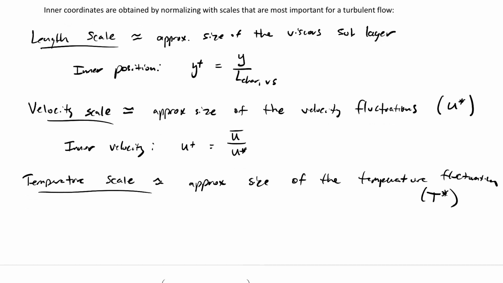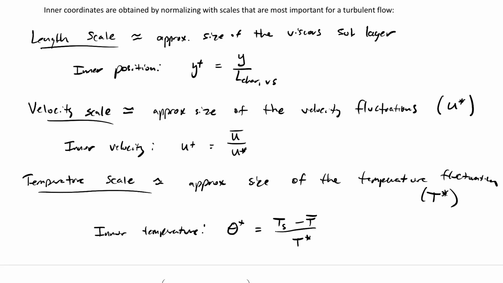So then our inner temperature is, well, we don't necessarily want T plus, right? Because when we're talking about temperatures, we always want to normalize the temperature with respect to some reference temperature, so that we could do this in Celsius or Rankine or whatever we want. So our inner temperature is going to be theta plus. Theta plus is going to be T, let's say T_S is our reference temperature, the temperature of the surface. T_S minus T bar, divided by T star.